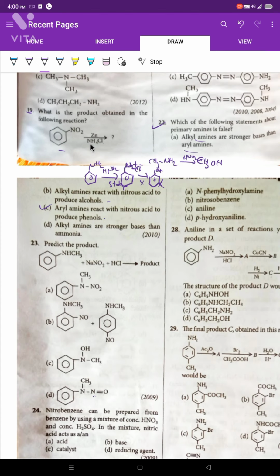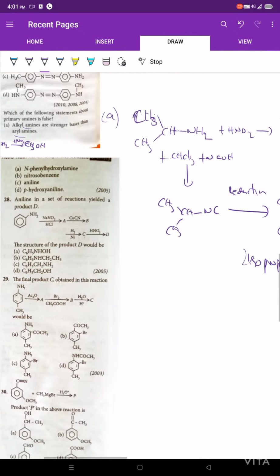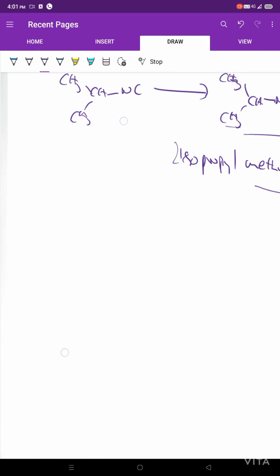Next, let us start question number 23. What they said is this is a secondary amine. A secondary amine on reaction with NaNO2 and HCl gives what product? How to solve this problem? Let us focus on the solution.